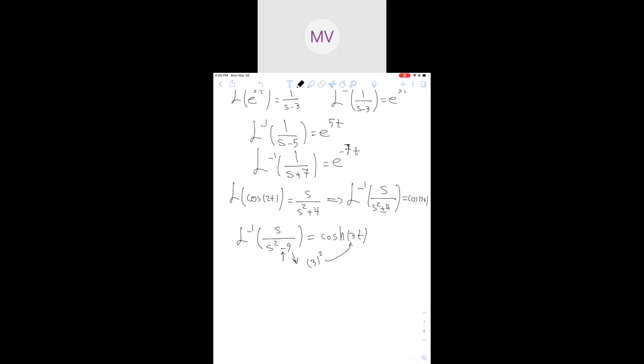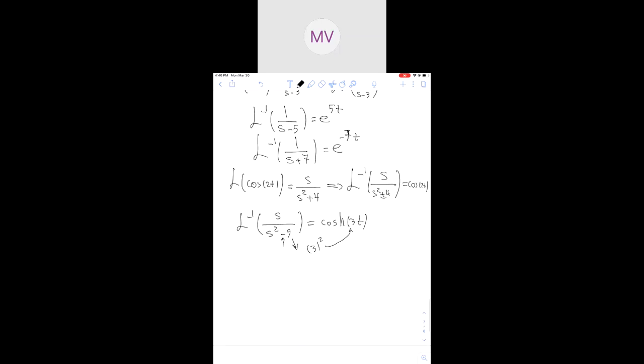Let's do one example where we might need to do some partial fractions, and I'll explain what that means. Or maybe you have to break it down into two functions and then do the Laplace inverse. Here's a case. Let's do this one. So we would like to find the Laplace inverse.